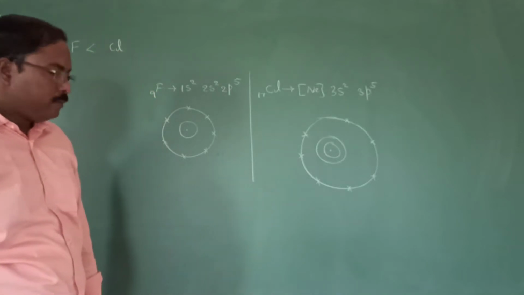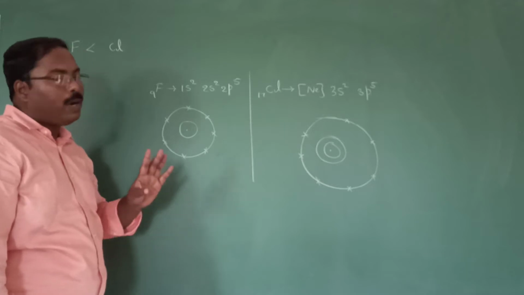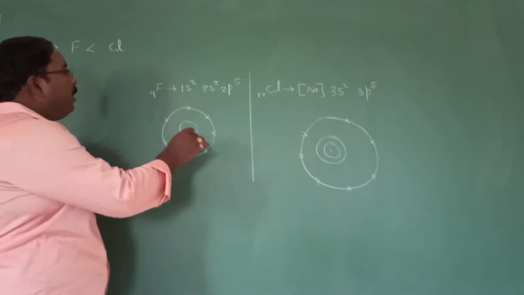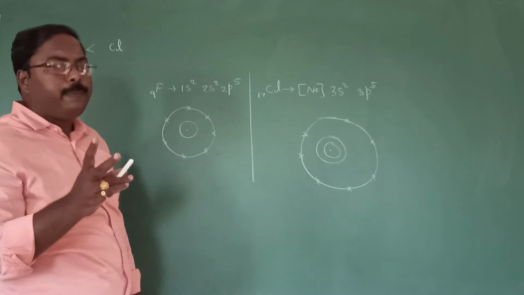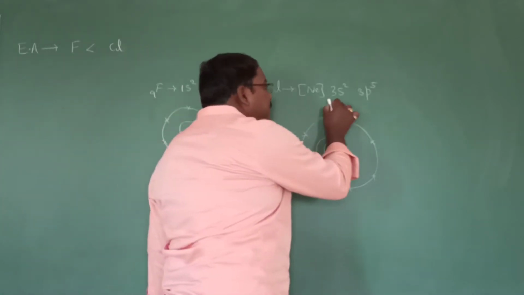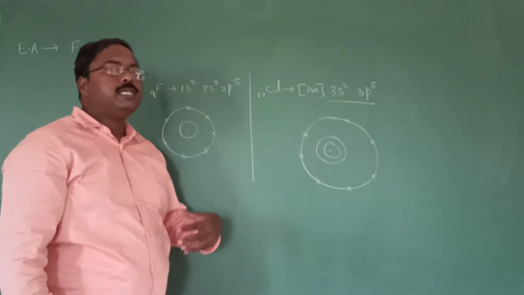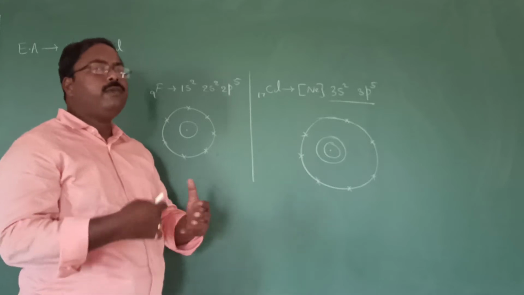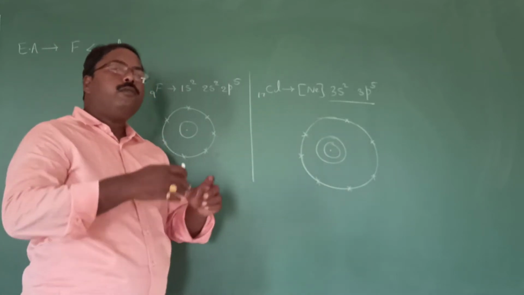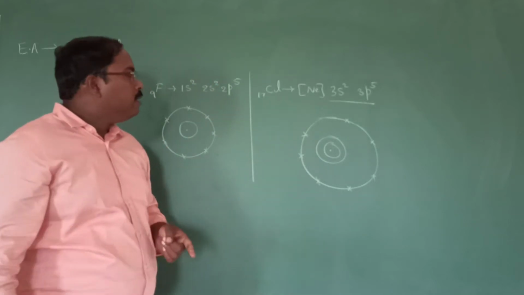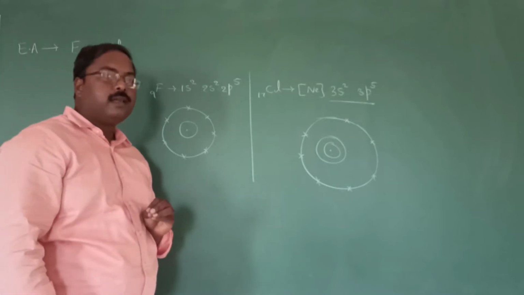Both fluorine and chlorine have 7 valence electrons. But what is the difference? Fluorine has its 7 valence electrons in the second orbit, but chlorine has its 7 electrons in the third orbit, which is larger. Everyone knows that the third orbit has a larger radius than the second, but both have the same number of electrons.